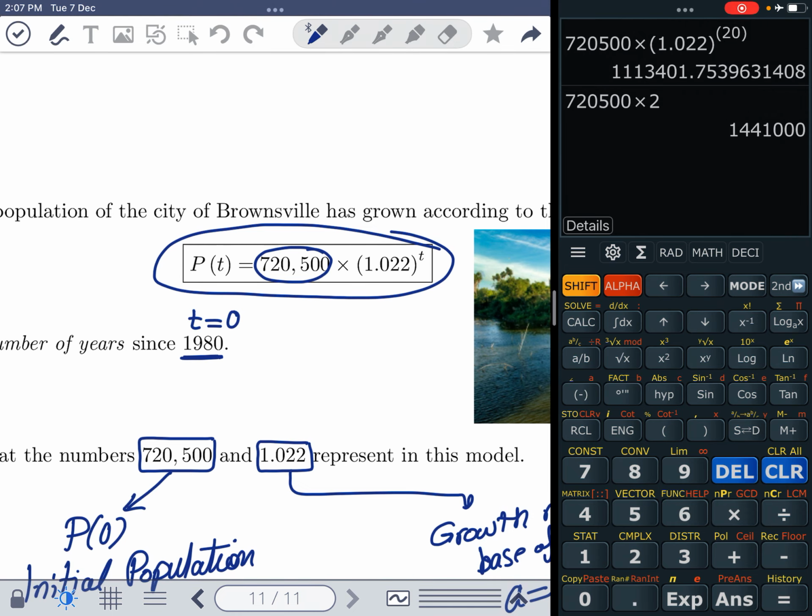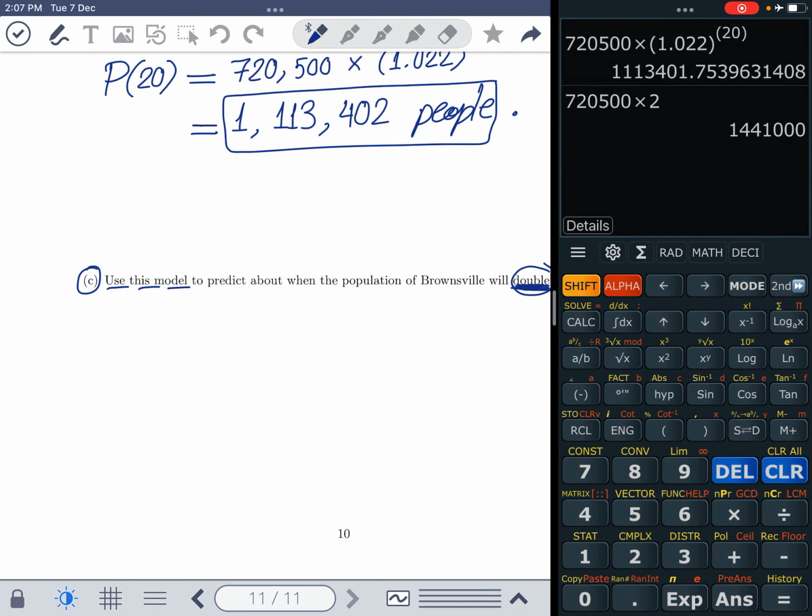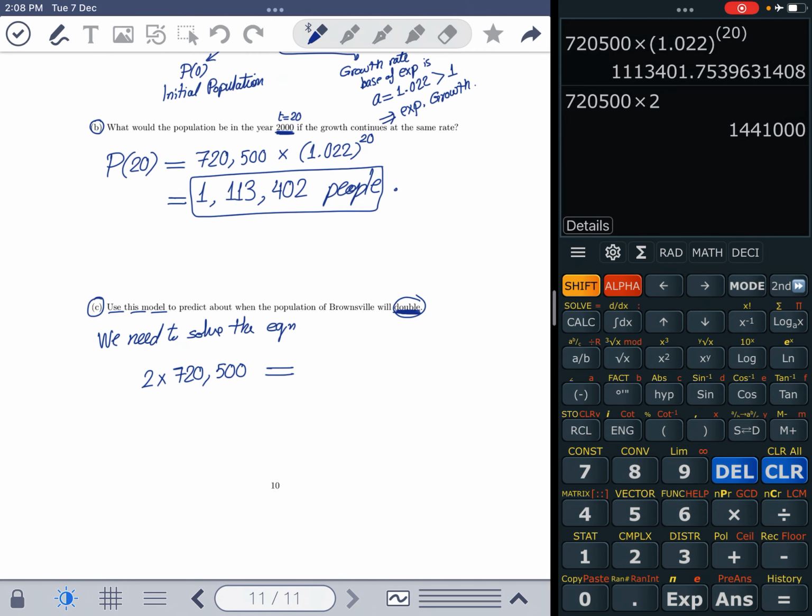So they're asking us, when would the population of Brownsville be 1,441,000? So this means that we need to solve the equation. So we're asking, when would twice of 720,500, this initial population, be reached, at what time?